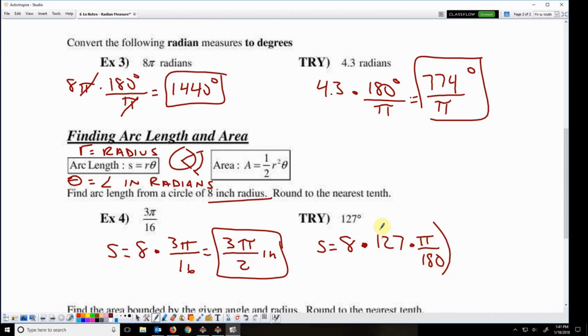So this part right here converts that to radians for us. So 8 times 127 over 180 simplifies to 254 over 45, and our numerator still has pi in it. 254 over 45 pi, and that is measured in inches.